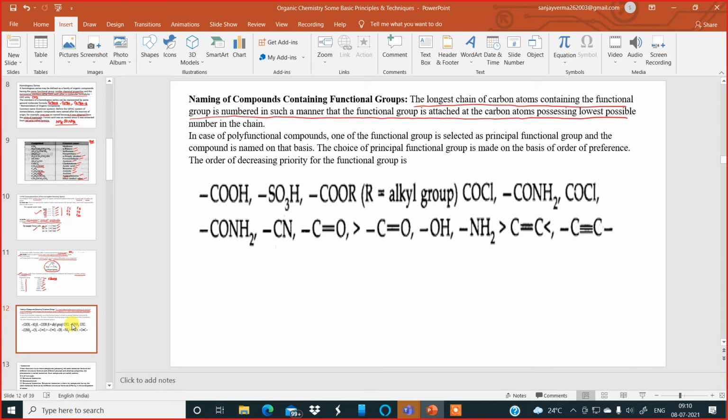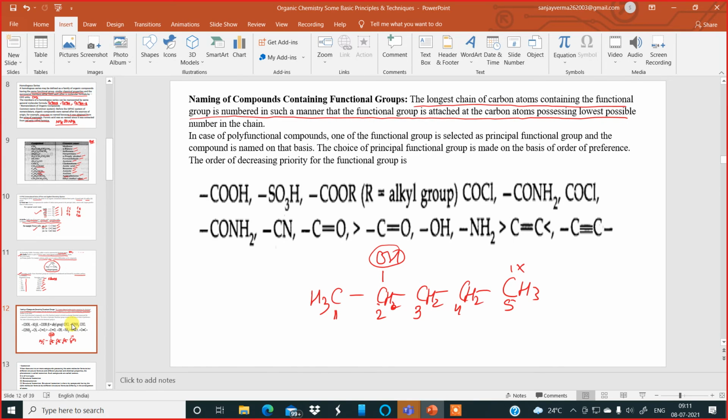While naming an organic compound, say if there is an organic compound containing 5 carbon atoms and the second carbon atom has a functional group OH, and the rest has CH3, this has CH2, this has CH2, this will have CH, sorry, this will have CH2 and this will have CH3. So, while naming the organic compound, I cannot number from here. I have to number from here in order to keep this carbon atom with the functional group closer to this terminal atom. So, carbon 1, carbon 2, carbon 3, carbon 4 and carbon 5.